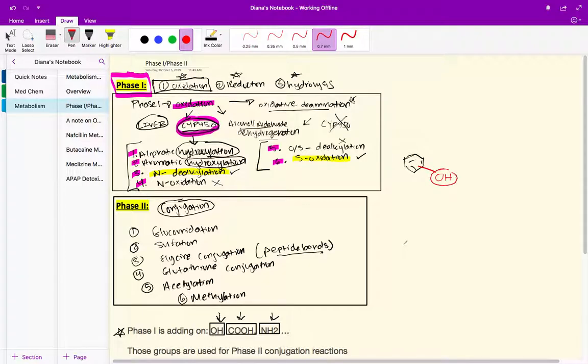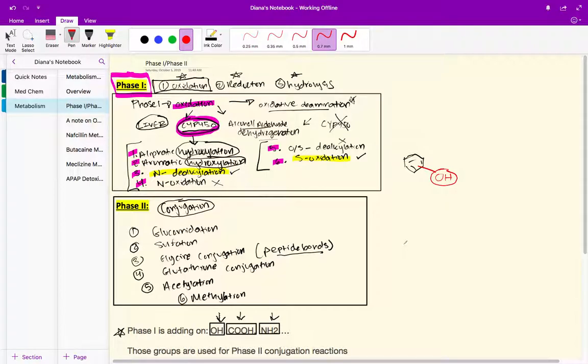Now this hydroxyl group can then lead to a series of phase 2 reactions. So keep in mind that phase 1 reactions can pave the way for phase 2 reactions. I'm going to emphasize that in a lot of the upcoming videos. So you always want to consider phase 1 reactions before you consider phase 2.